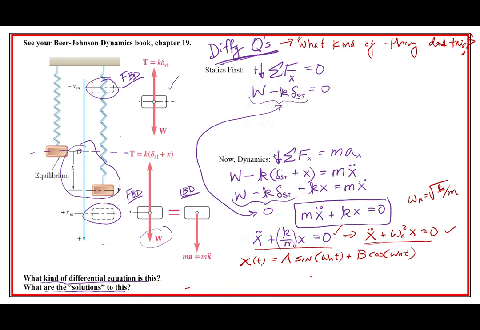Another solution, remember a cosine wave or a sine wave is just a 90 degree shift of a sine wave. So another solution to this, and I'll just put another letter in there, C, is the cosine of omega n t plus a phase shift, right? So these two are equal to each other.